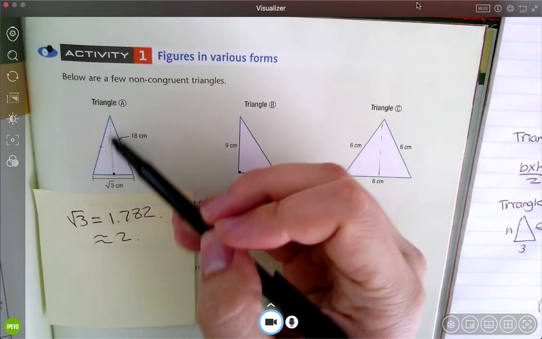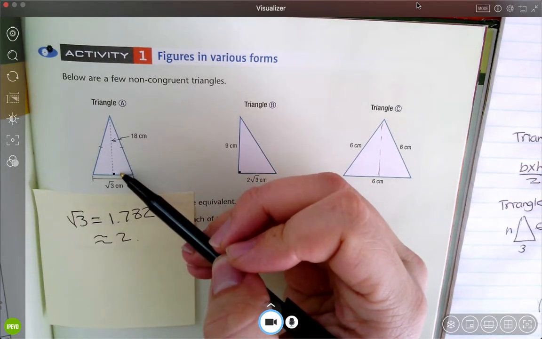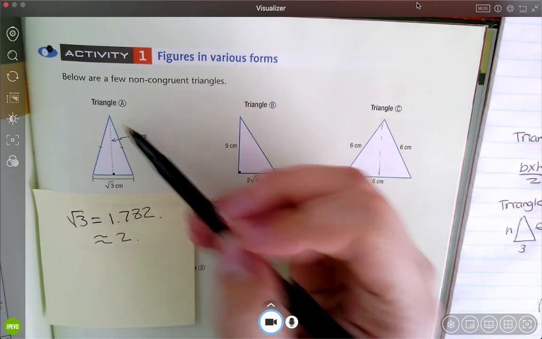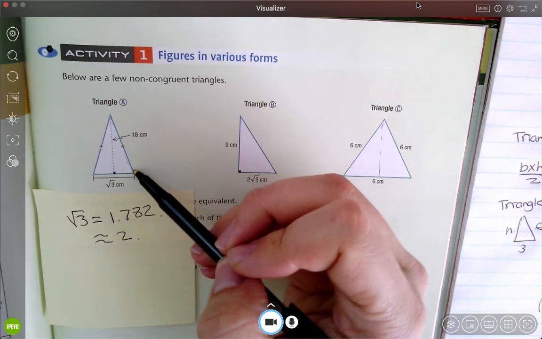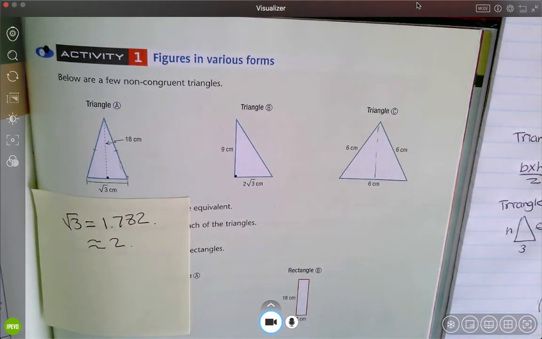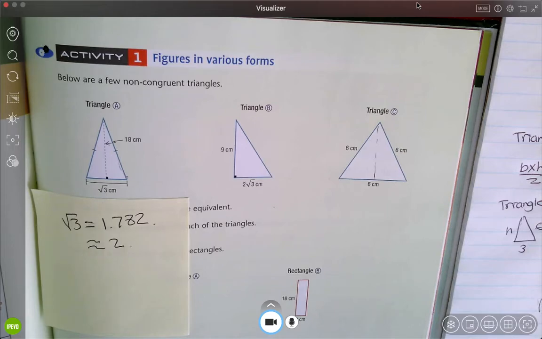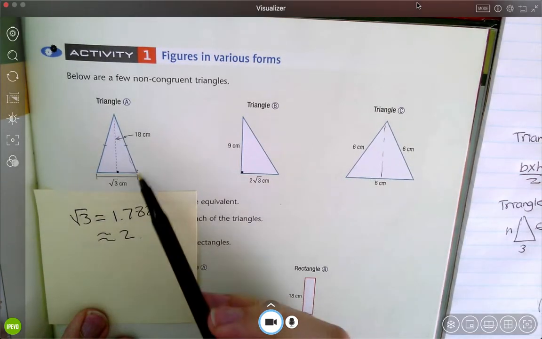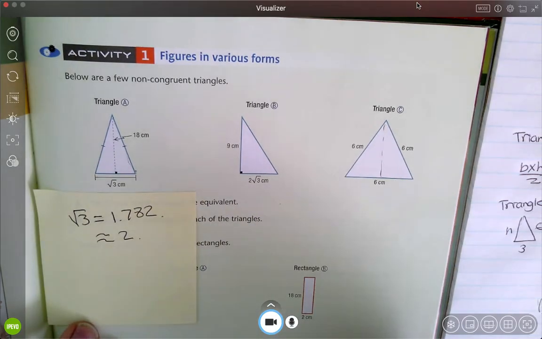We know here that the height is 18, correct? If I'm trying to find the hypotenuse, it always has to be the longest side. Is that true? Yes. Because in the Pythagorean theorem, c squared, the hypotenuse, is the sum, the addition, of a squared and b squared. So that means the hypotenuse here has to be over 18.